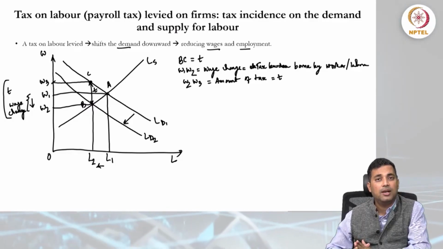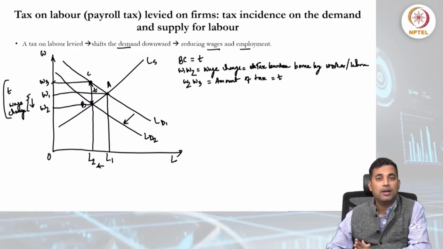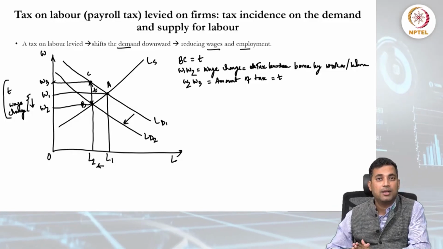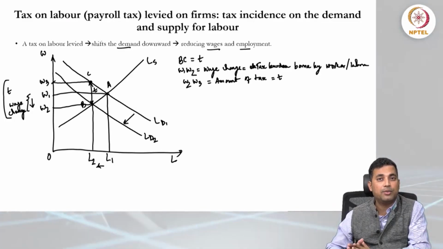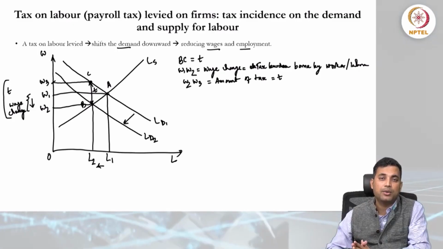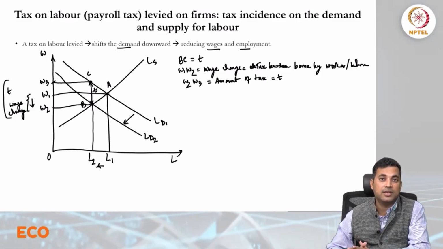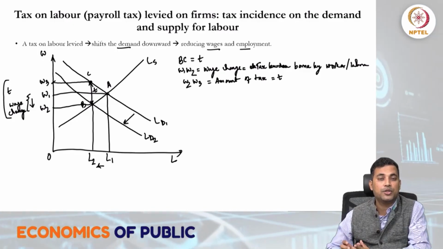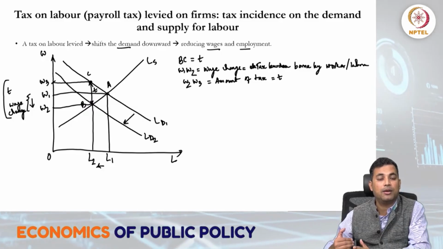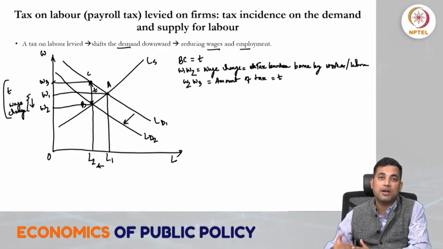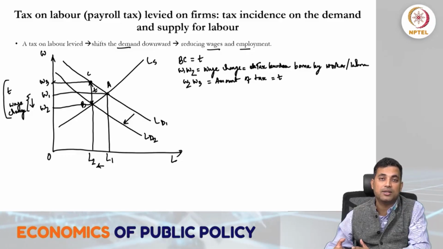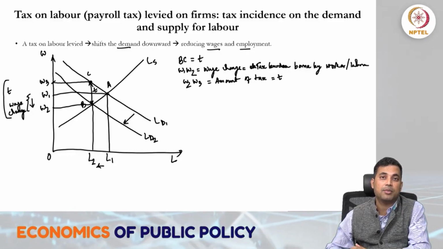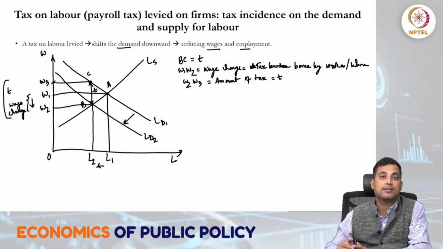So this is what we call, if you recollect that we already spoke about backward tax shifting. So this particular portion, when producers transfer the tax onto the workers, is an example of backward tax shifting.